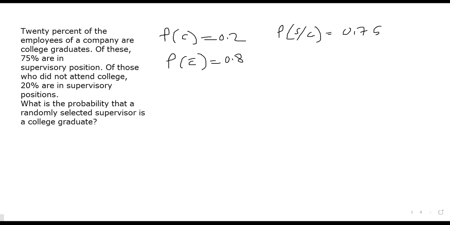What they are now asking us is to find the probability that it was a graduate given that they're a supervisor. So they want us to find the probability of the opposite. Now they're asking, what's the probability that the randomly selected supervisor is a college graduate? So graduate, given that they're a supervisor. How do we expand this? Probability of graduate intersection supervisor divided by probability of a supervisor.